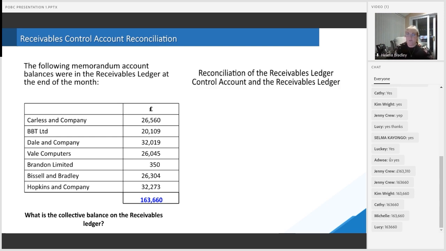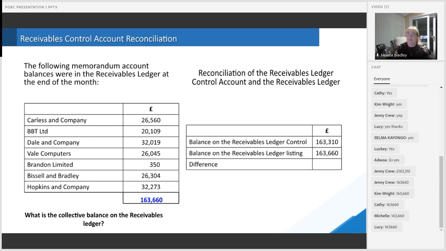So in this unit, you're going to be asked to prepare a reconciliation between the balance on the receivables ledger control account and the balance on the receivables ledger. And you're going to be asked to work out what the difference is. And we can clearly see it's not a lot, but it is £350. And we need to investigate that. We need to understand why and take the appropriate action.